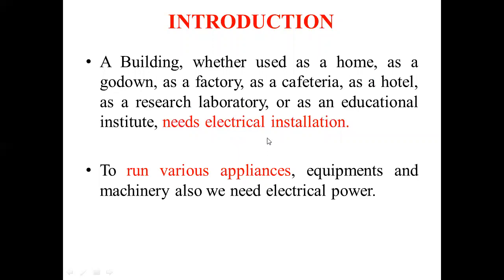Why is electrical installation required? To run the various appliances. In our house we are using the lamp, fan, geyser, washing machine, refrigerator, air conditioners. So many appliances. To run all these appliances, we need electrical installation.